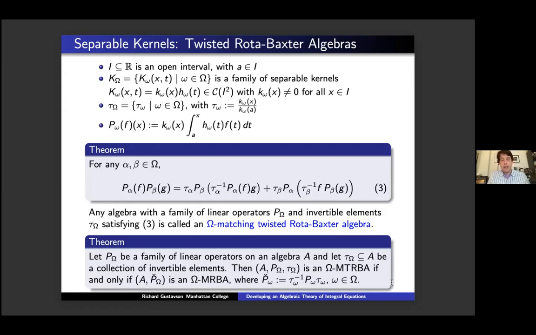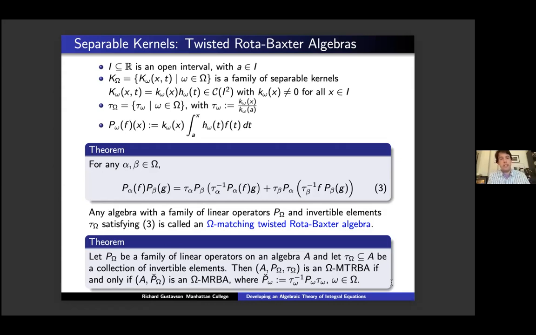And if the algebra A, together with the operators P omega and the invertible elements tau omega, is a matching twisted Rota-Baxter algebra, then A with the P check operators is a matching Rota-Baxter algebra. And we're going to use this result later on, which will allow us to produce a matching twisted Rota-Baxter algebra.